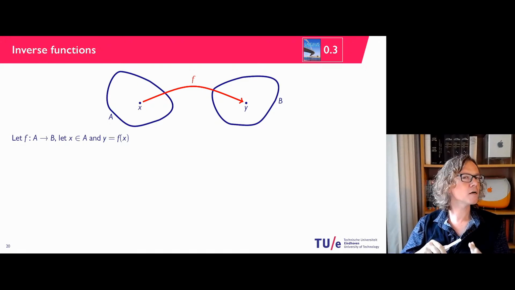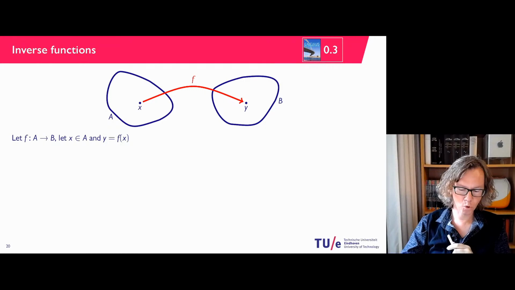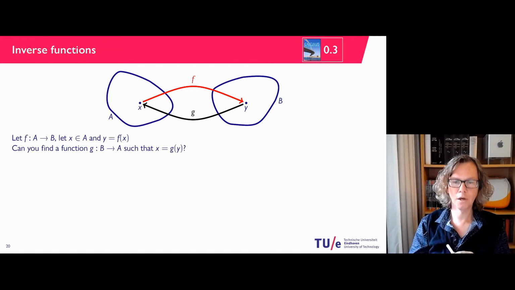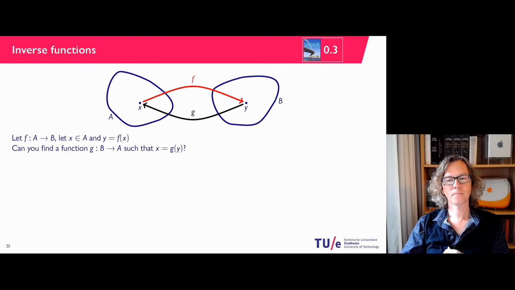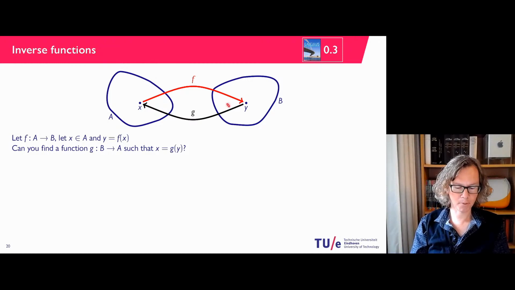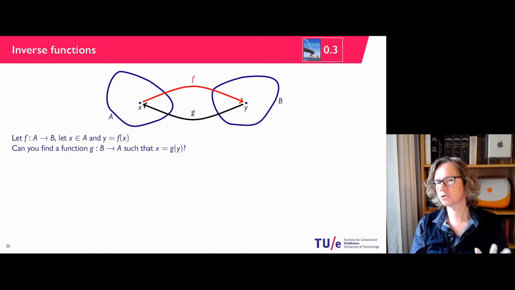So there are many examples where you can walk both ways. So what you can do is you can go from x to y, and you can go back from y to x. So we've already seen during this little discussion that you cannot always go back. So this black arrow, this function g, the inverse function, doesn't always exist.